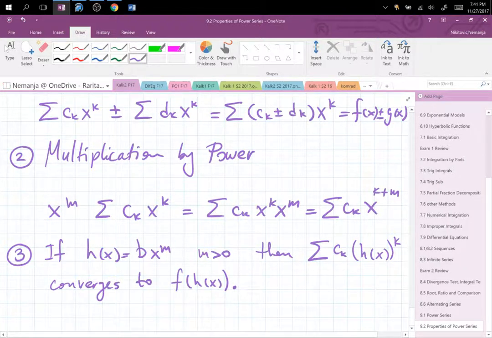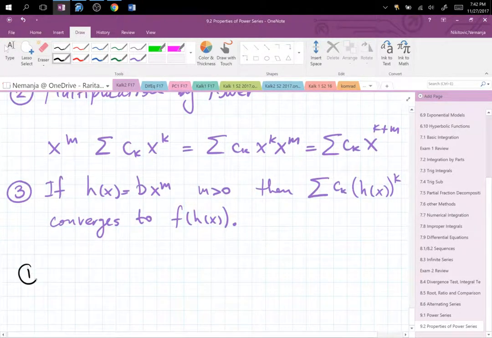Now, rule number 3, which out of all 3 rules now looks the craziest and the most complex, is the only one that you are actually going to use in Calc 2. The first 2 rules you are going to use in your differential equations. So now let me do the very basic examples of these 3 rules.